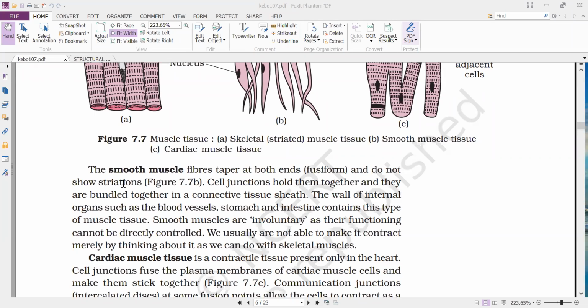The walls of the alimentary canal are made up of this smooth muscle, starting from the esophagus, not the complete alimentary canal. Alimentary canal means from mouth to anus, but the mouth and pharynx have voluntary muscles, because whatever food you are taking in is in your will.